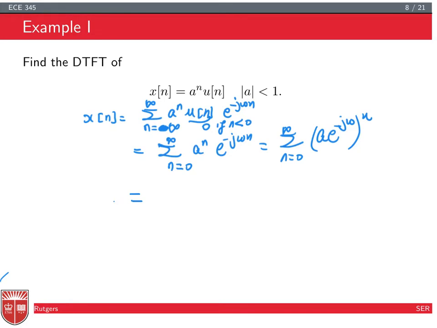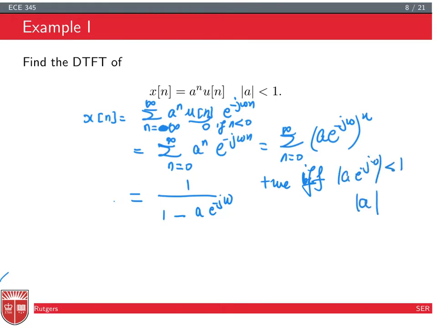So this is equal to 1 divided by 1 minus a e^{-jω}. And this is true if and only if the magnitude of a e^{-jω} is less than 1, which is the magnitude of a less than 1, which is satisfied here.